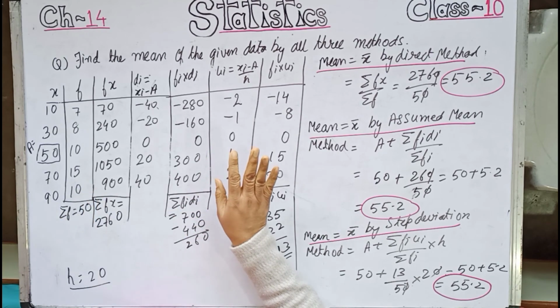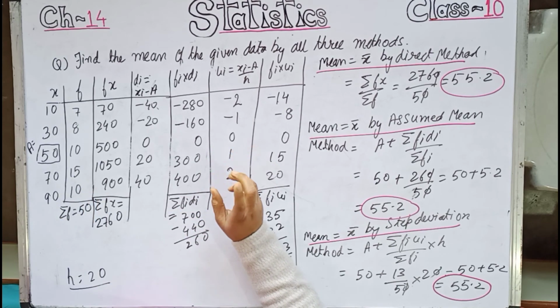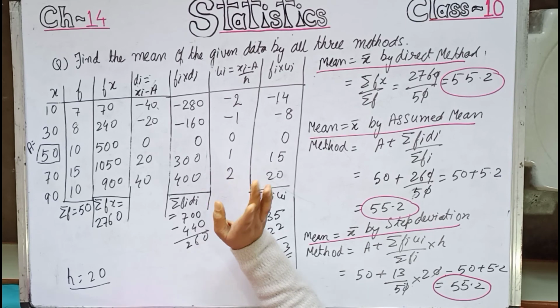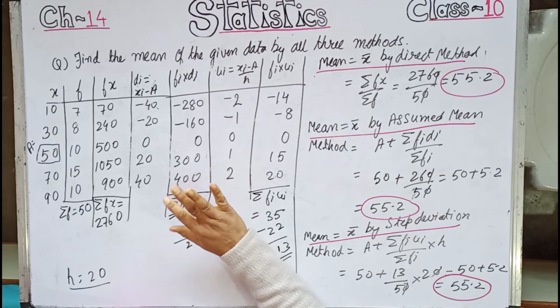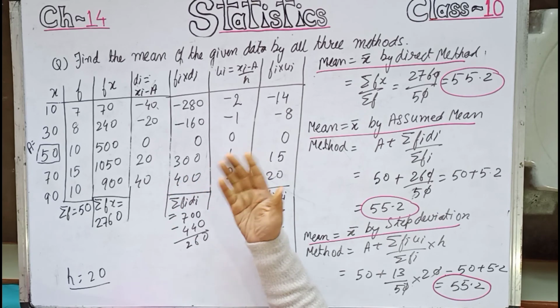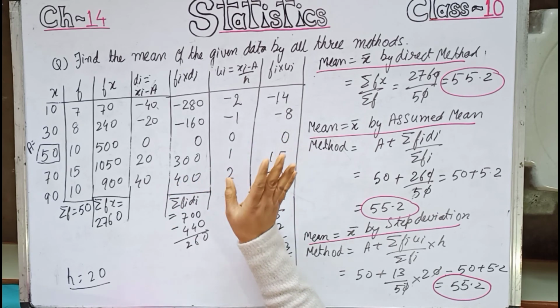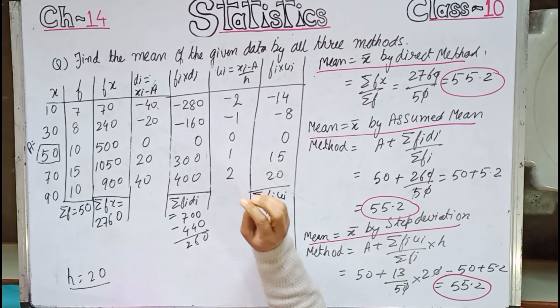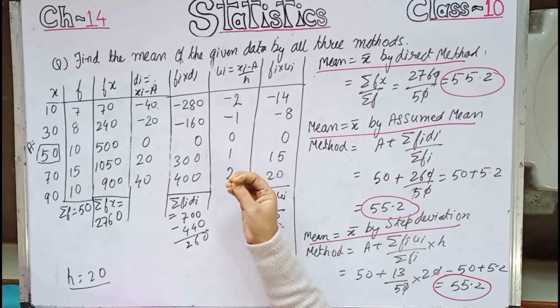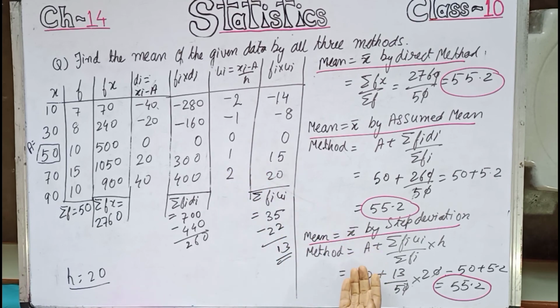If the question specifies to do it by a particular method only, you don't have any choice, you have to do it by that method. But if it is not mentioned and it is simply written find the mean for the given frequency distribution, you can opt for any of the methods. It's advisable to use the step deviation method because the calculation is lesser compared to the other two.